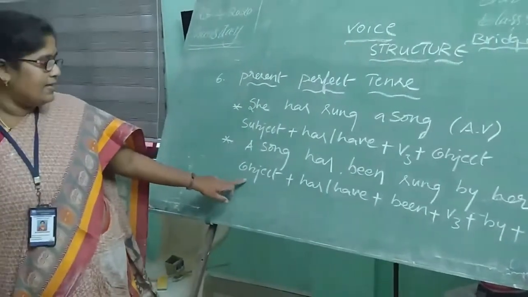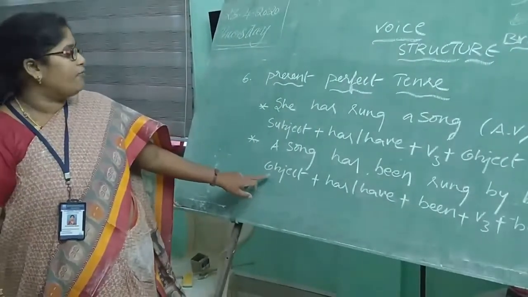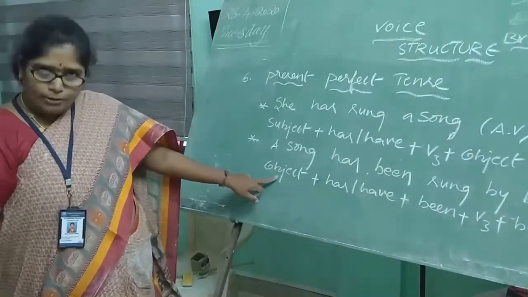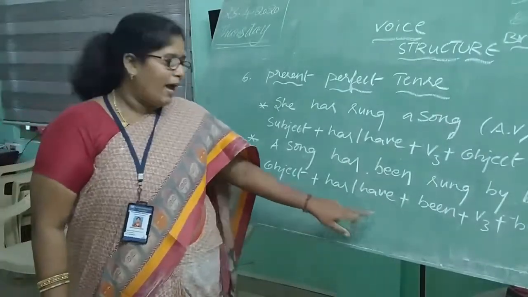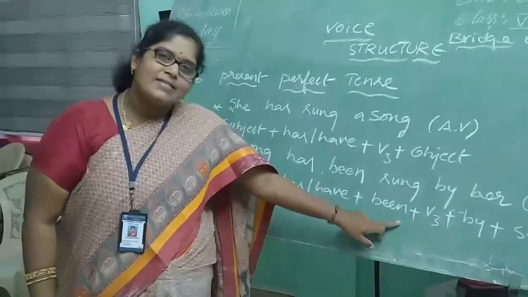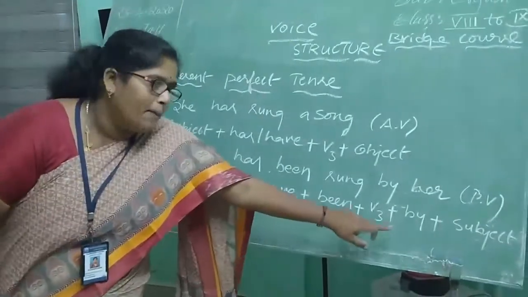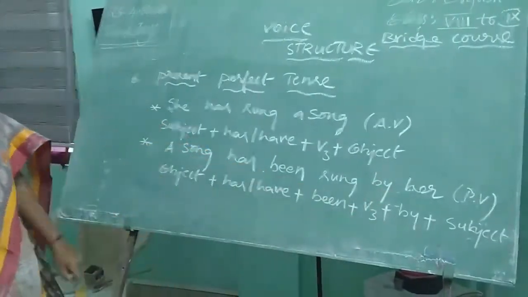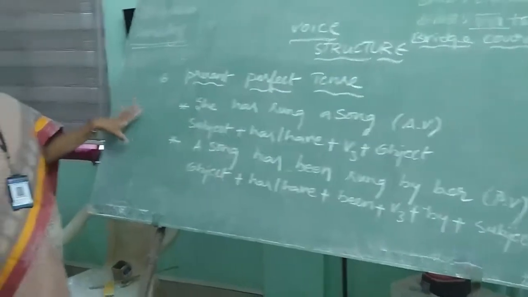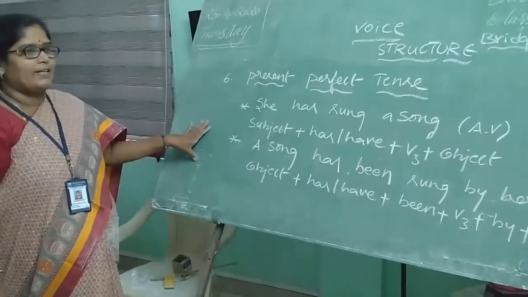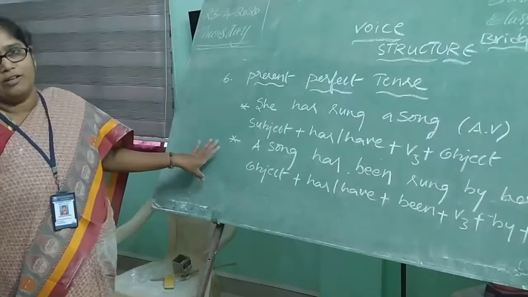See once again the structure of passive voice of present perfect tense. So here we completed the present perfect tense and its structure from active voice to passive voice, children.